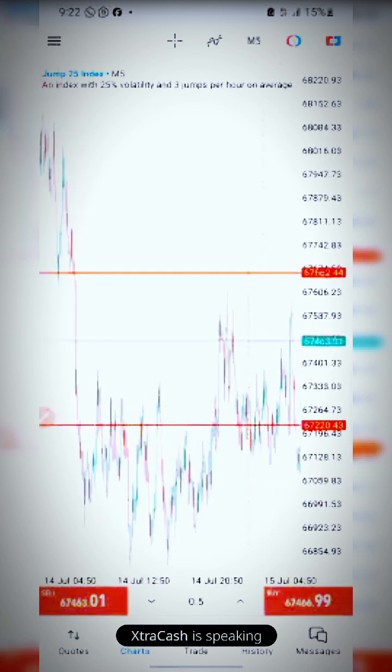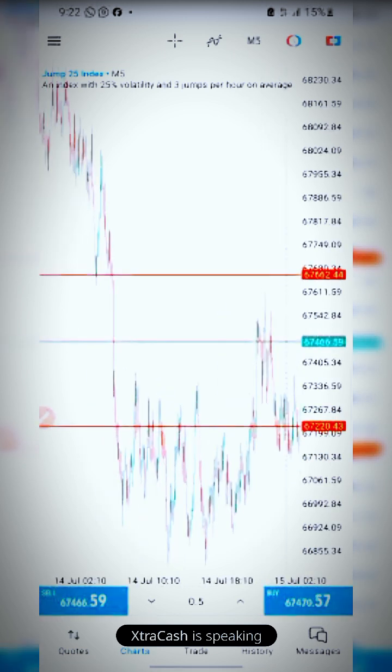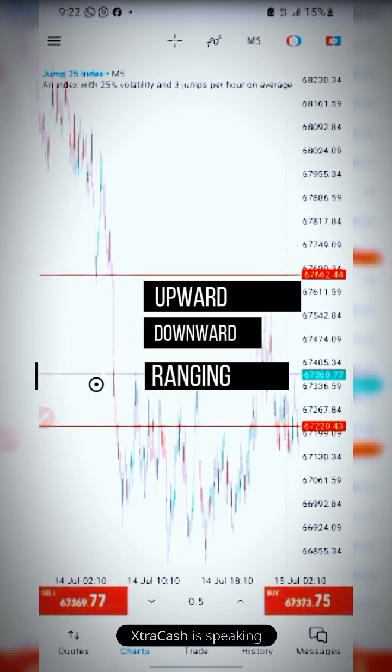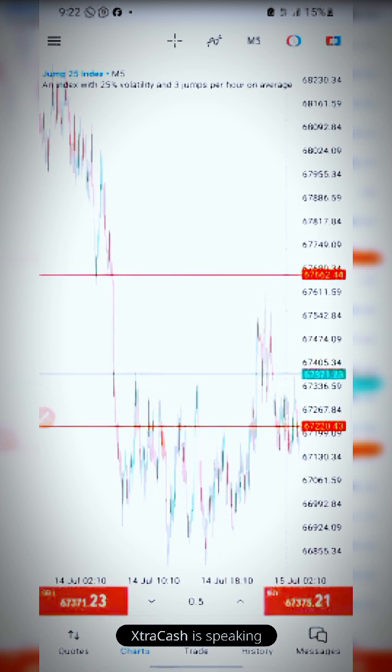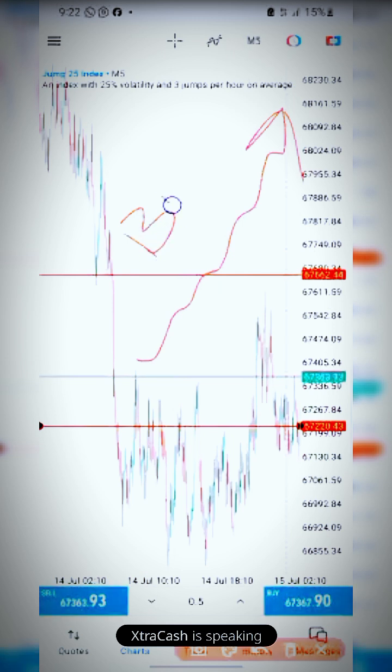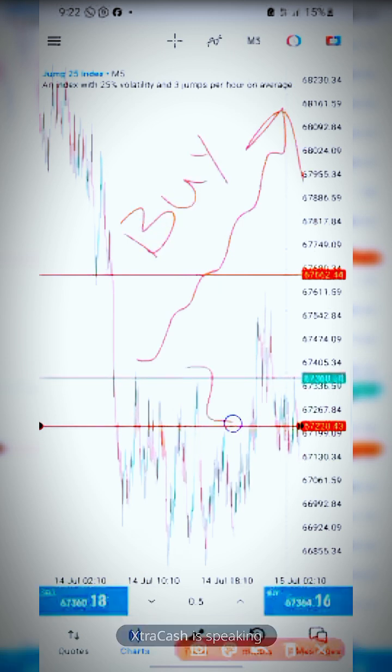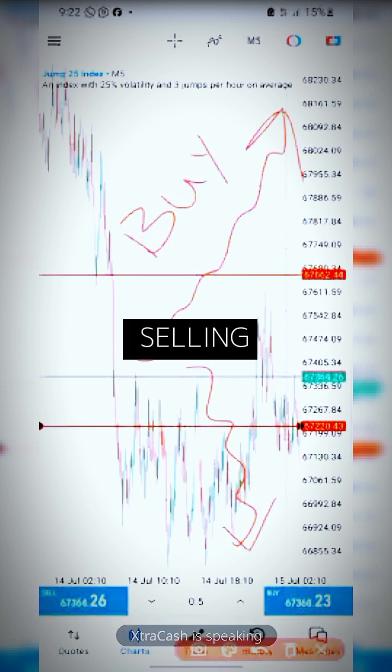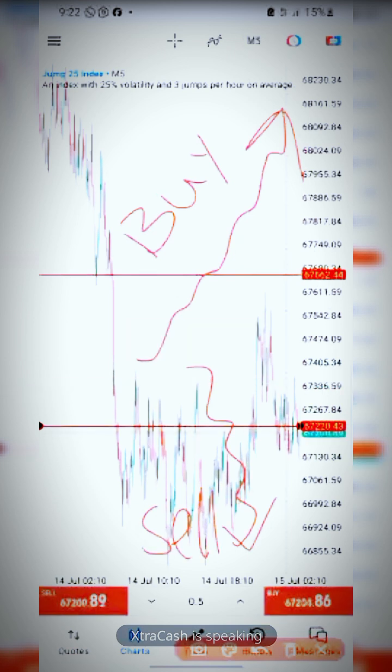So for forex trading, the market is either going up, down, or it is ranging. When we say market is going up, it actually means that market is buying. When market is going down, it actually means that market is selling.